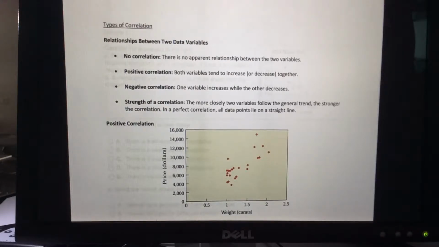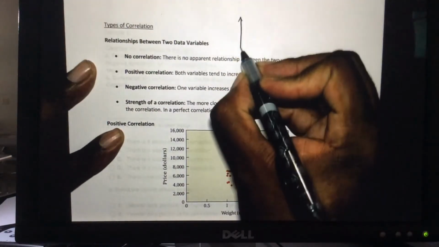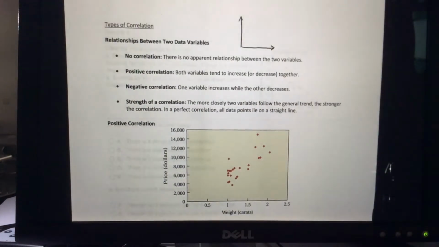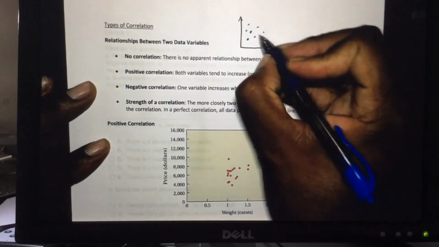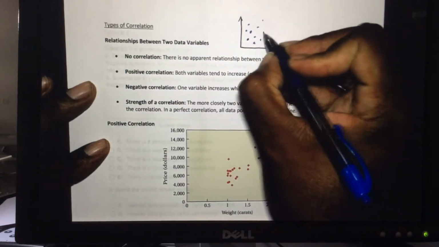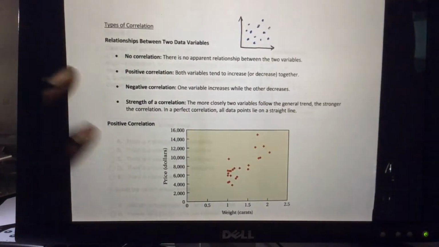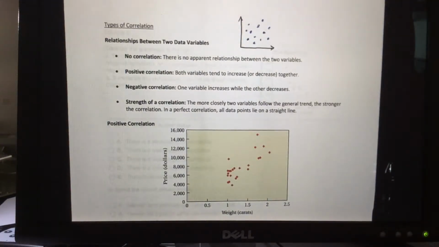So if you were to look at a graph and you see points that are just scattered everywhere in the plane, like this, that means there's no correlation, because we can't determine what type of correlation we're going to have.